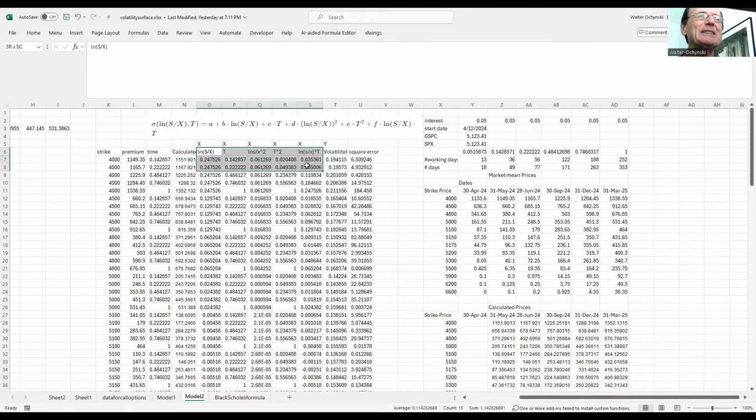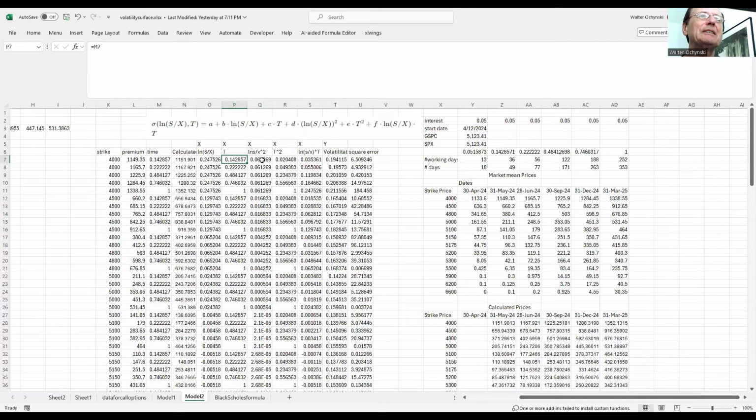I will use this as the X area, this information in these 5 or 6 columns. As per this formula, I have the logarithm of spot price divided by strike price. This is the first. And then I have the second, it is the time.